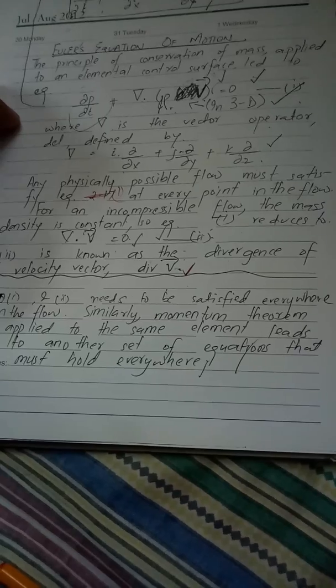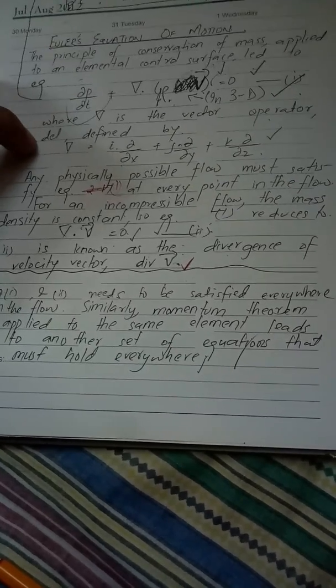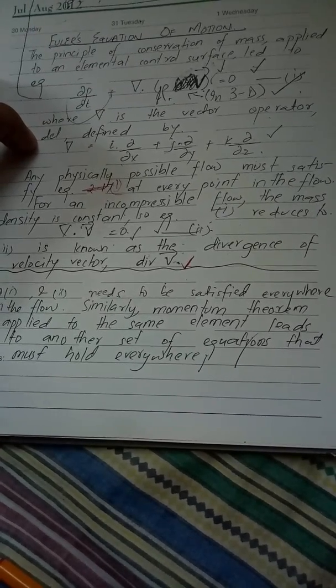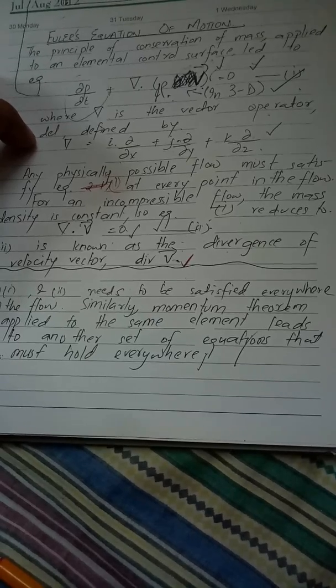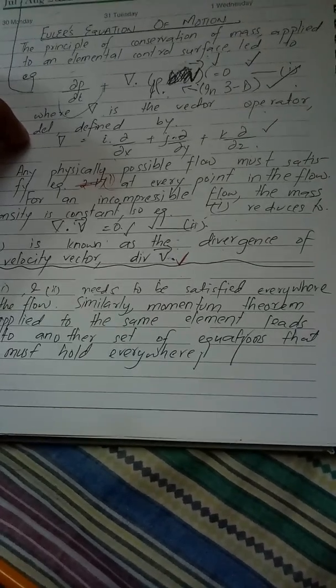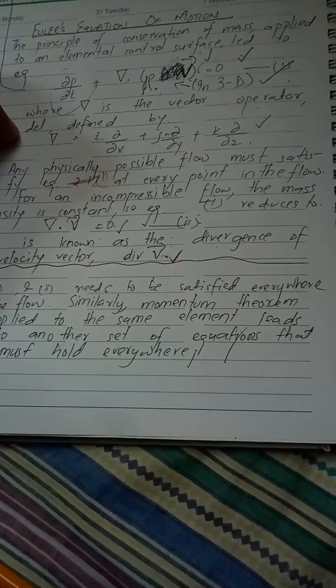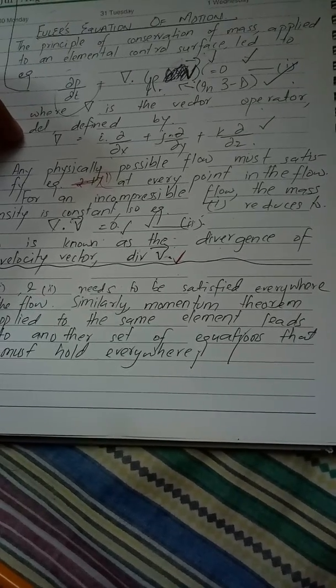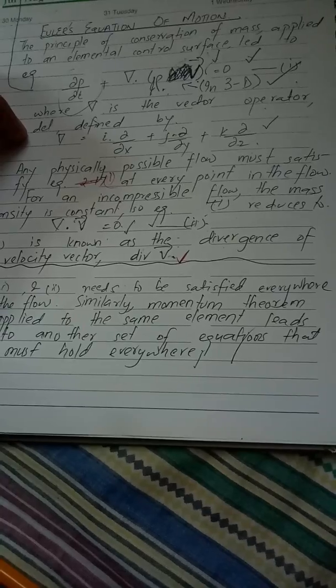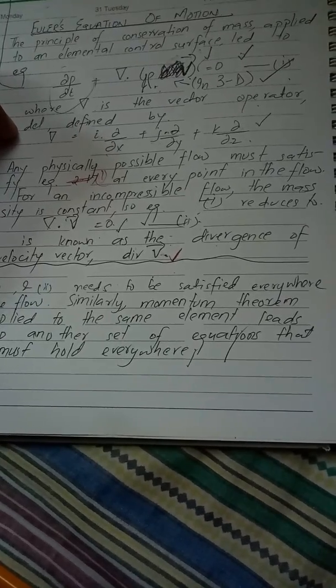That is the vector operator. That will help us create a matrix as well when we multiply it with V, which is the velocity vector, and this whole thing would be equal to 0.